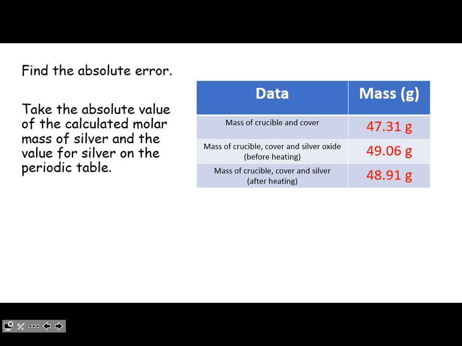Now, the absolute error is the calculated molar mass of silver and the value of silver from the periodic table. So I'm going to take that 84 grams per mole, and I'm going to subtract silver from the periodic table, which I believe is 107.8682.